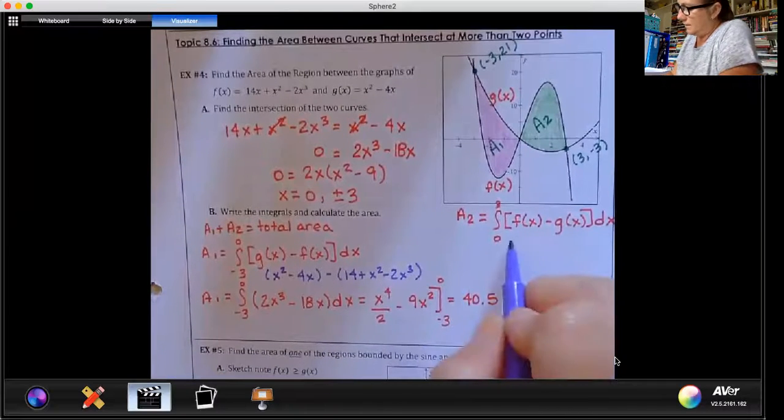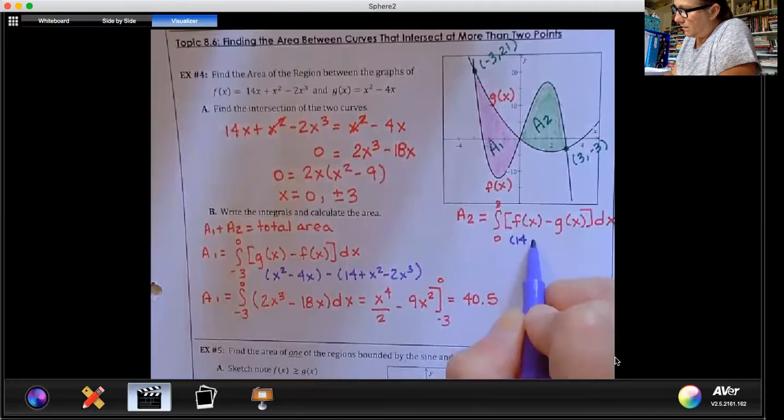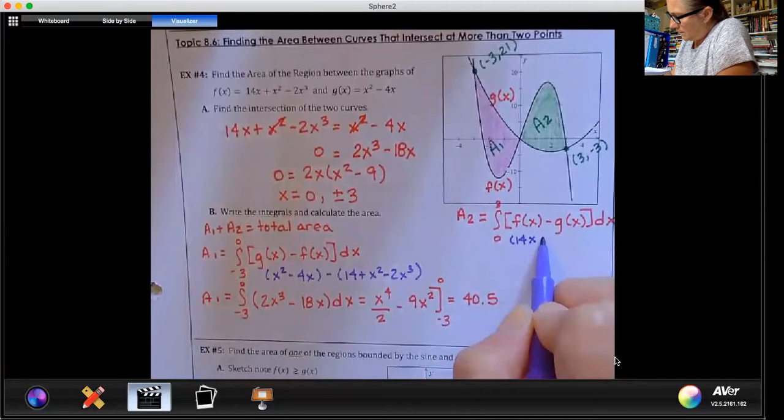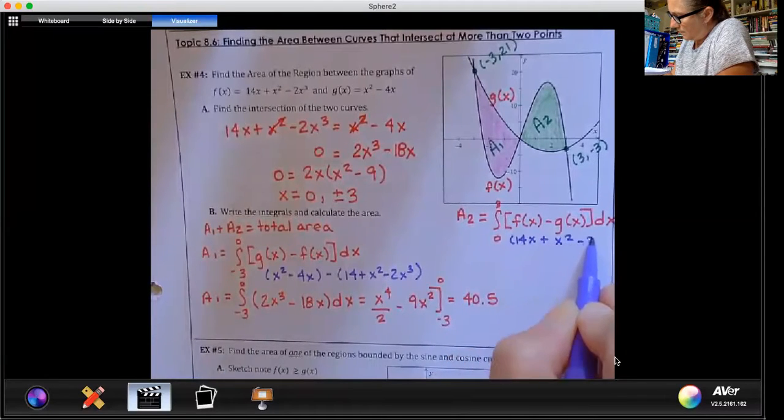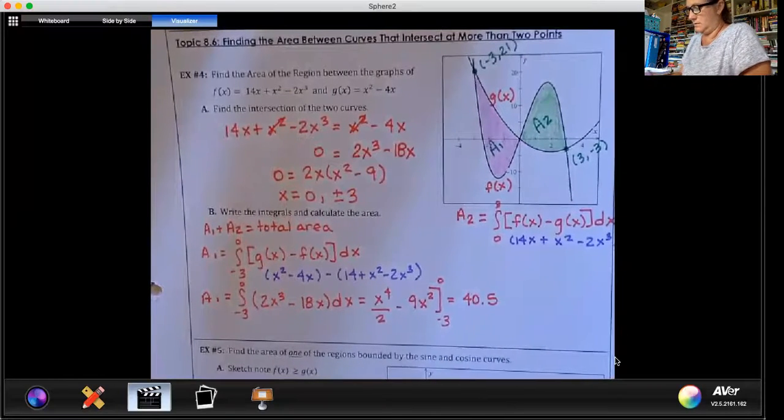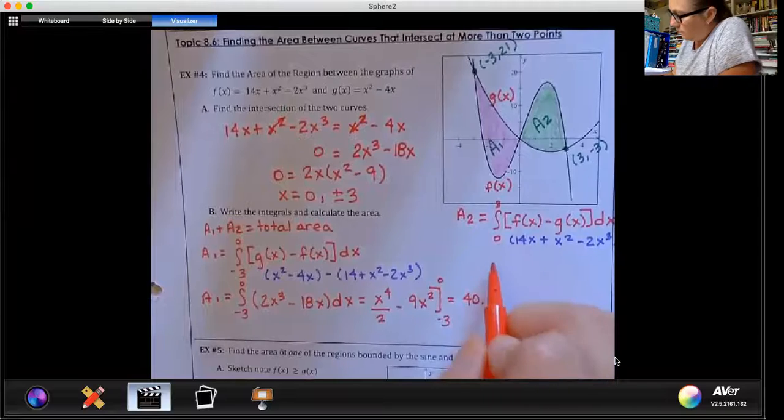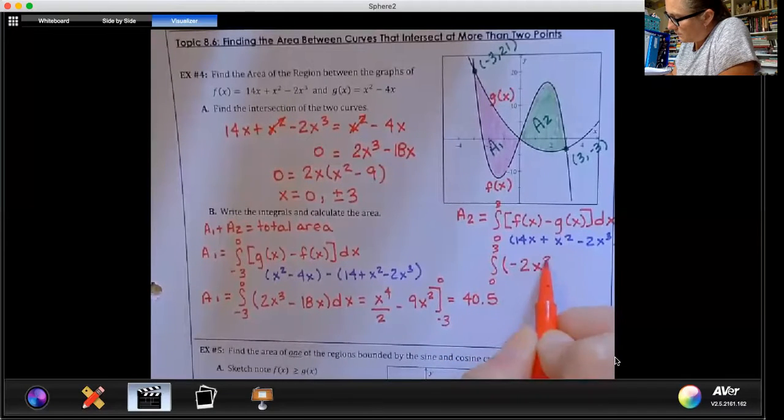F of x is 14x plus x squared minus 2x cubed, minus x squared minus 4x. So our integral from 0 to 3, combine like terms and integrate.